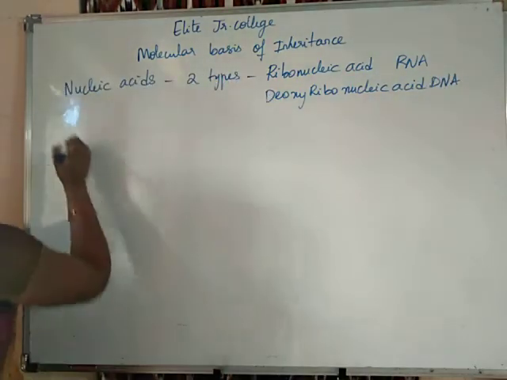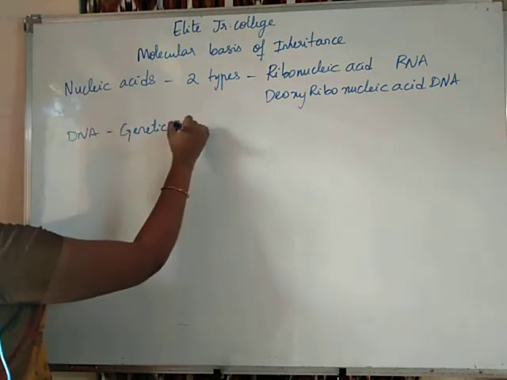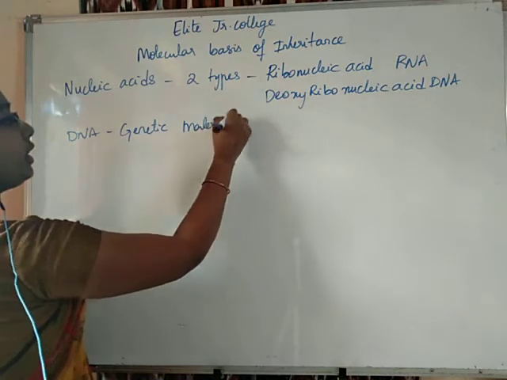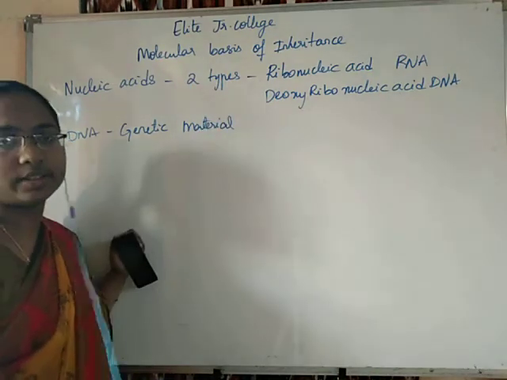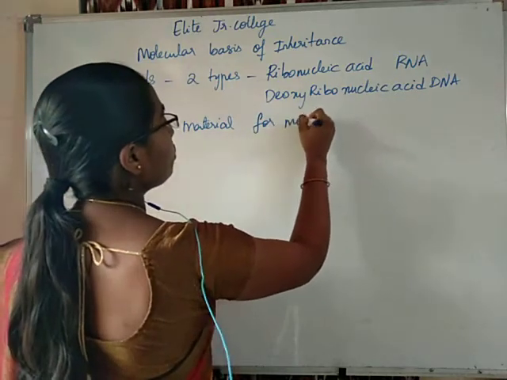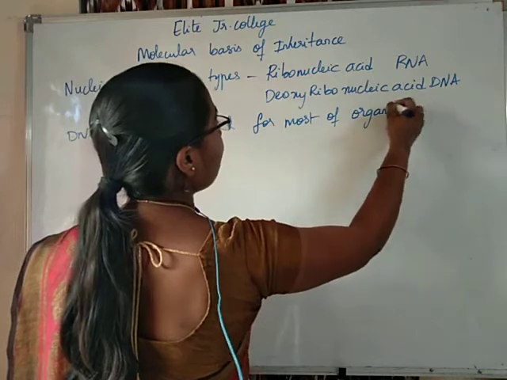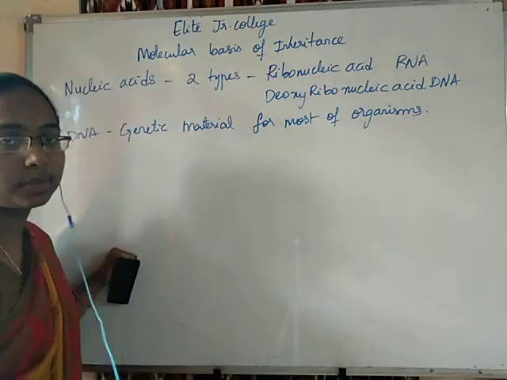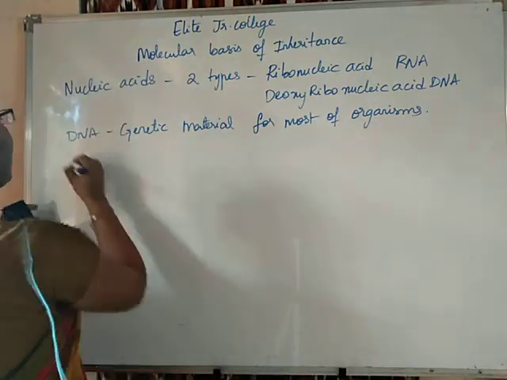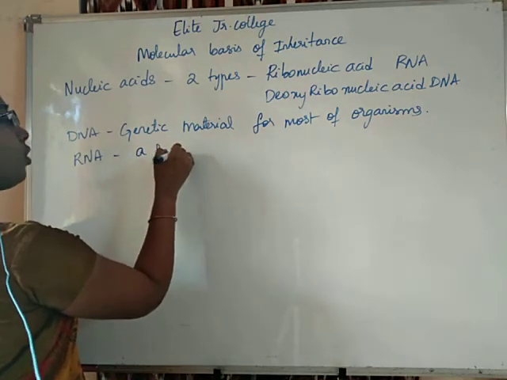So, students, DNA is the genetic material for most of the organisms. And RNA is the genetic material for a very few organisms.